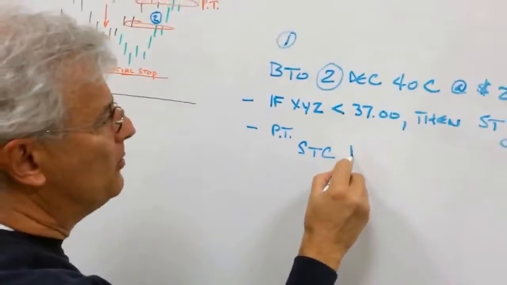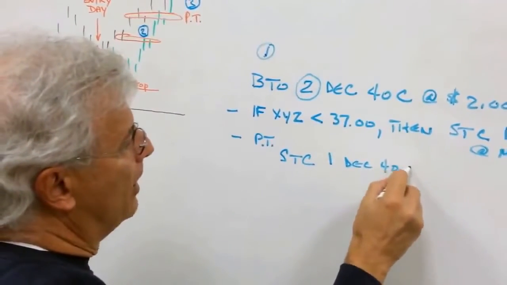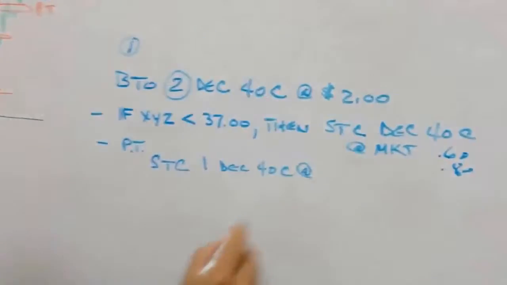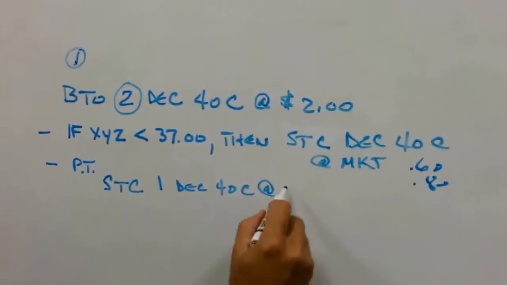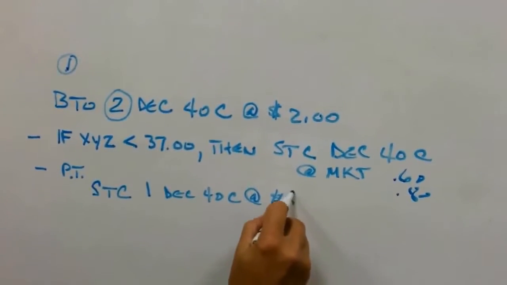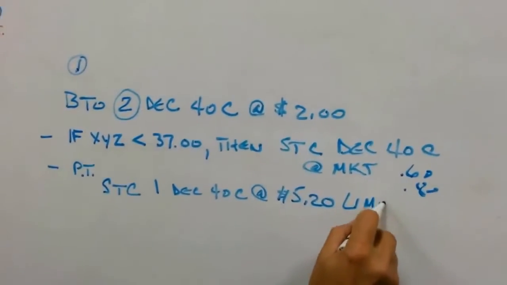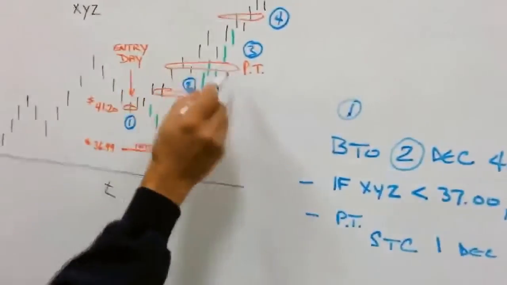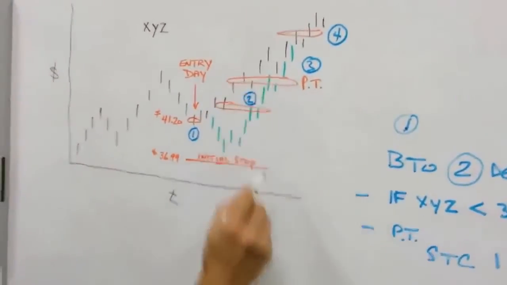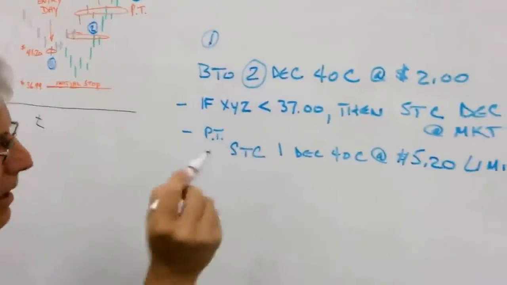We're going to sell to close 1 contract, December 40 call, at a predetermined profit target as calculated by the software. Let's say that's around 520. That's kind of typical. Limit.